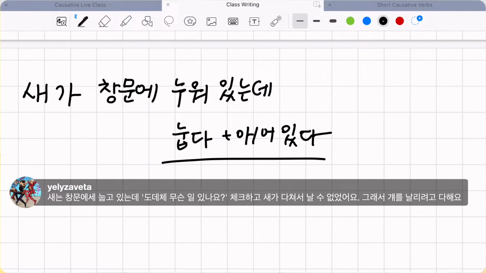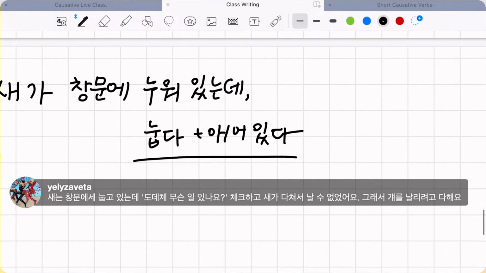So 누워 있다. If you say 눕고 있다, it means that person or that animal is in the process of lying down. She didn't finish lying down. She's not on the ground yet. She's still in the process. So 누워 있는데, 새가 창문에 누워 있는데, 도대체 what on earth?